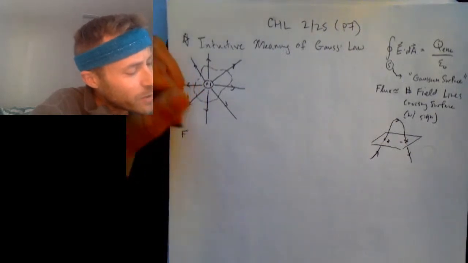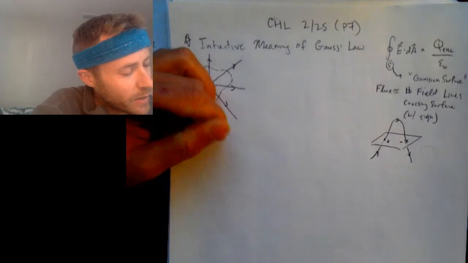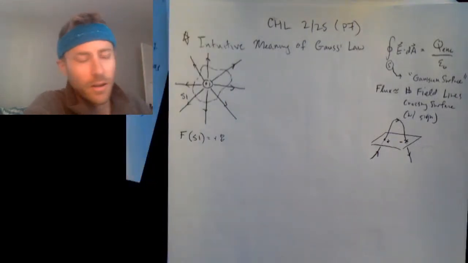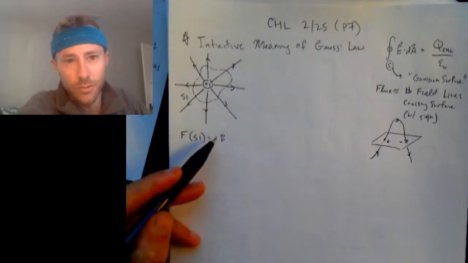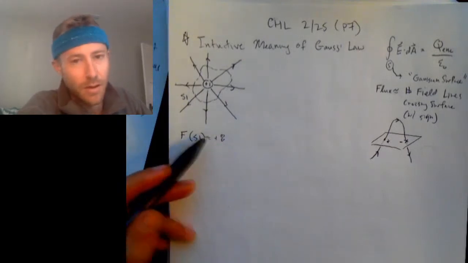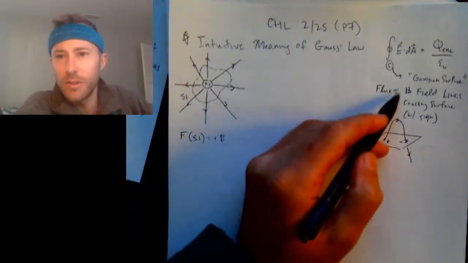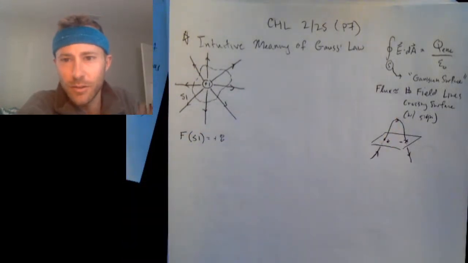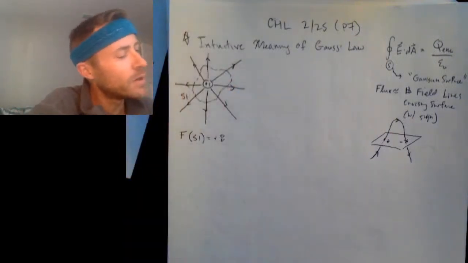So the flux through surface 1 is plus 8. It doesn't mean that it's exactly 8. It means it's proportional to 8. That's why I say approximately, because it's not exactly equal to the number of field lines. It's proportional to the number of field lines crossing the surface.